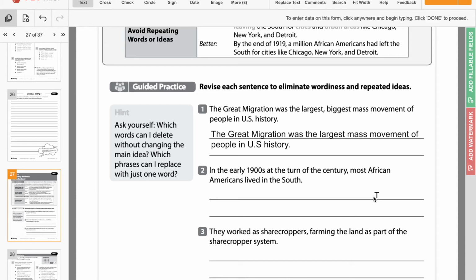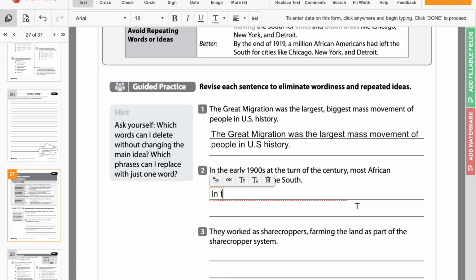A better example would be 1800 to 1900, or 1900 to 2000. That's the turn of the century. So if it says "in the early 1900s at the turn of the century," well, the early 1900s would be the turn of the century. So saying early 1900s is the same thing as saying turn of the century. So that is getting rid of redundancy.